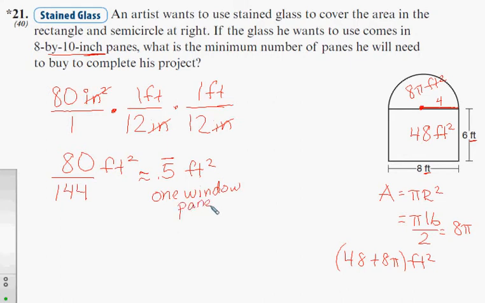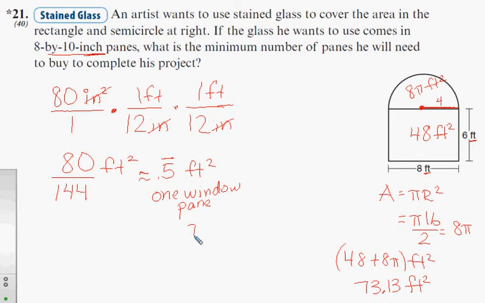Well, I think now is the time to figure out what 48 plus 8 times pi is. And that is equal to about 73.13 square feet, right? Okay, so I need 73.13 square feet. One window pane covers 0.5 square feet. So I'm going to just have to divide.